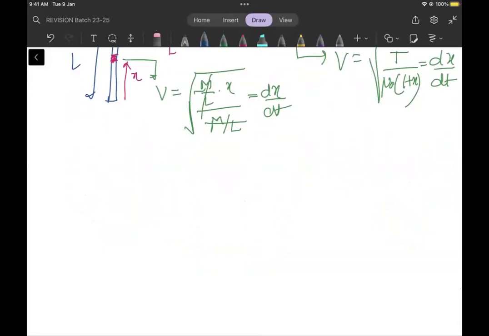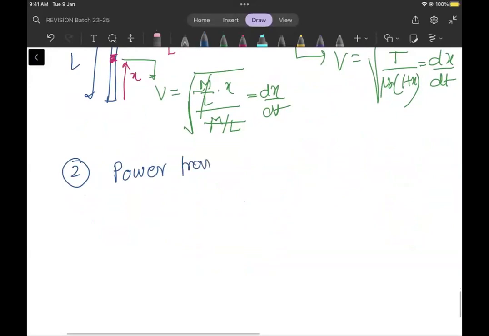Velocity के बाद जो सेकेंड चीज जो हमको ध्यान रखनी है, that is the power transmitted.